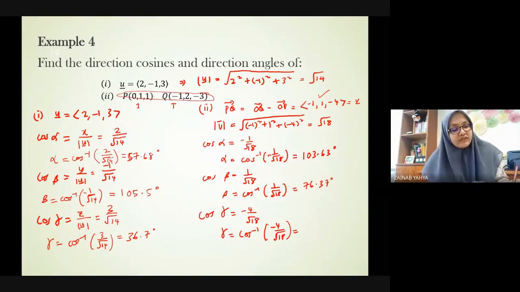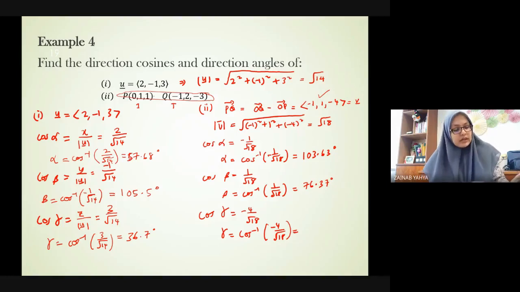Okay, normally after the decimal point, we just mention two decimal places.